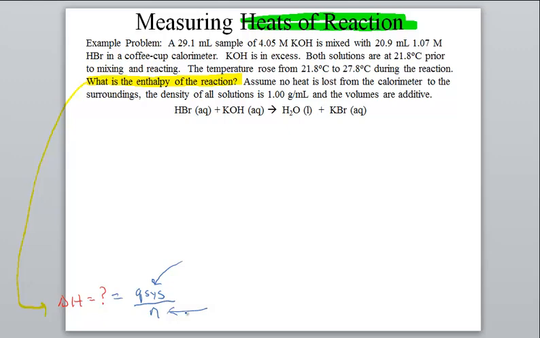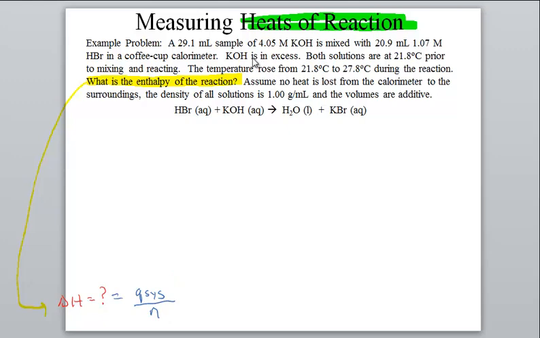And that's what the change of H, the change of enthalpy, gives us, energy per mole. So we need to know how many moles of a chemical are reacting or produced. And we need to know Q, is that heat flowing from the system or into the system?